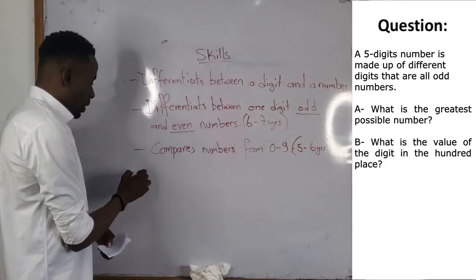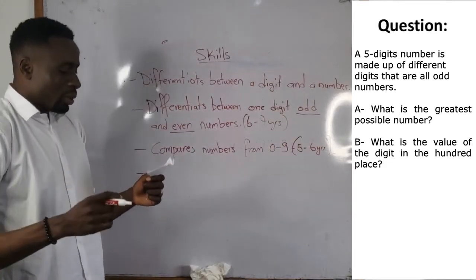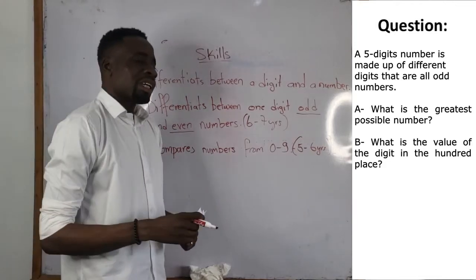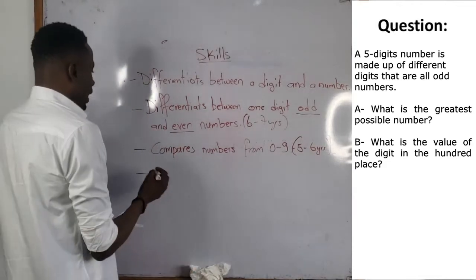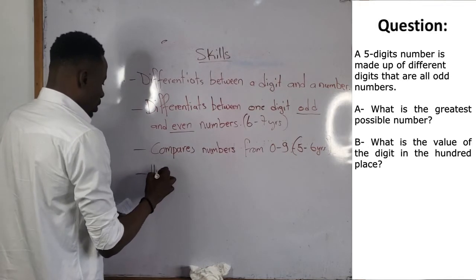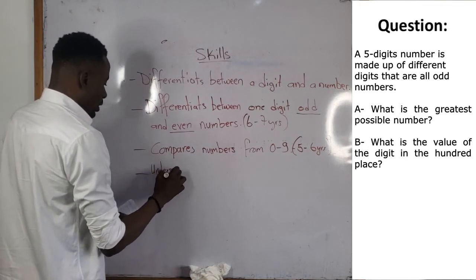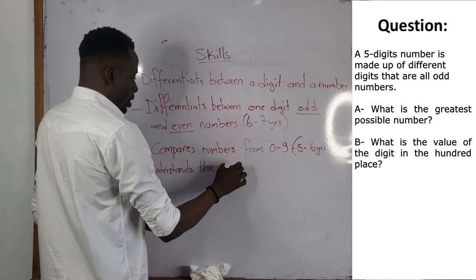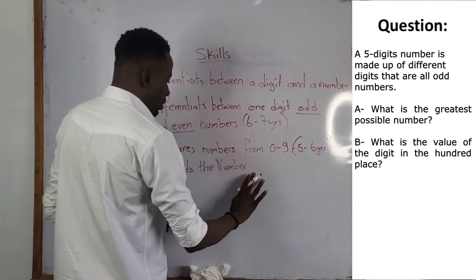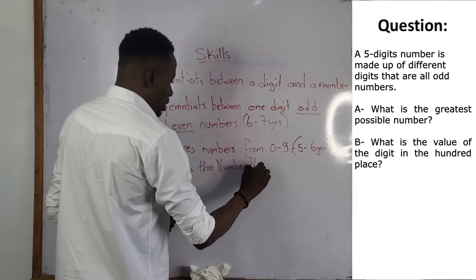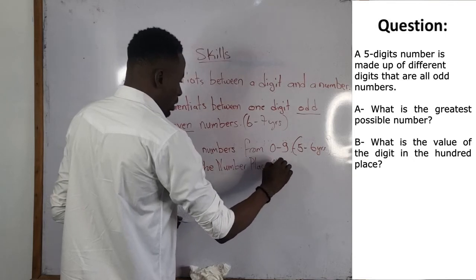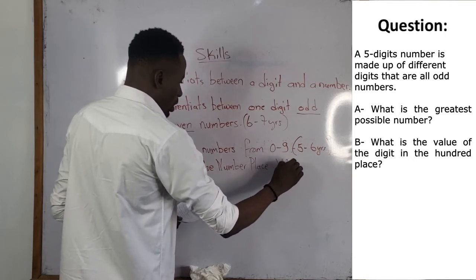Now, when we go to the last skill, we say a student also needs to understand the number place value. That's the last one. Understands the number place value.